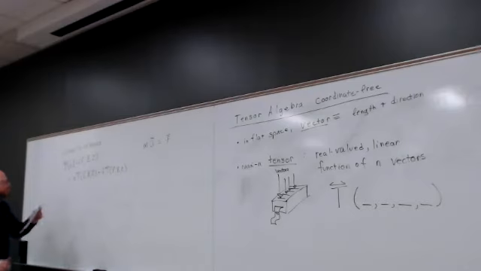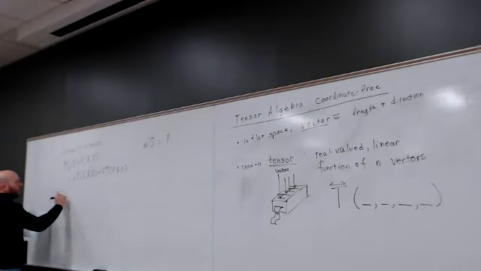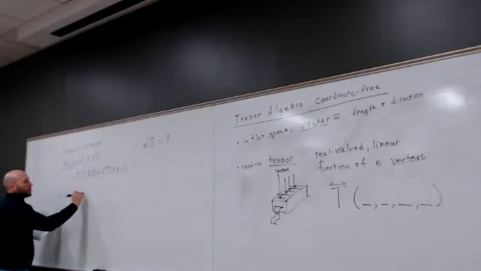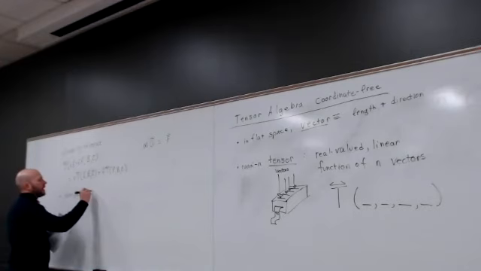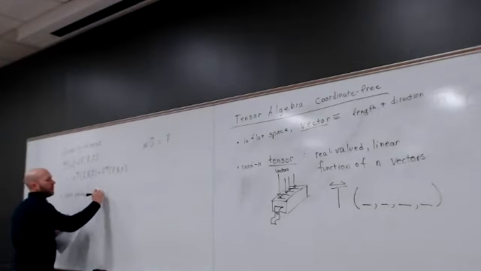Okay. The next tensor algebra object that we're going to need and rely on somewhat heavily is the inner product, or often referred to as the dot product. In coordinate-free tensor algebra, the dot product is defined as the metric tensor.